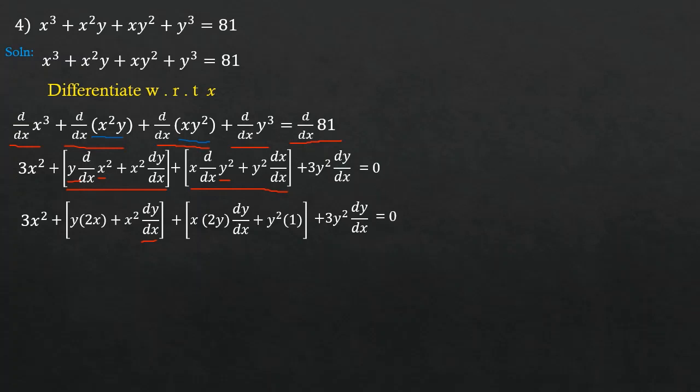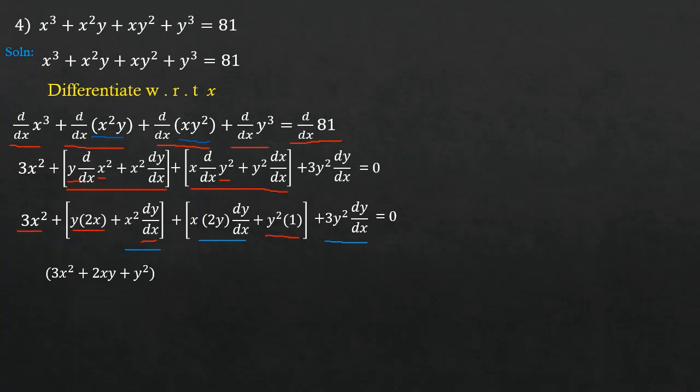In the next step we open the brackets and recollect the terms. We get 3x square plus 2xy plus y square. These are the terms not having dy by dx. Now check the other terms, which are x square dy by dx, 2xy dy by dx, and 3y square dy by dx.